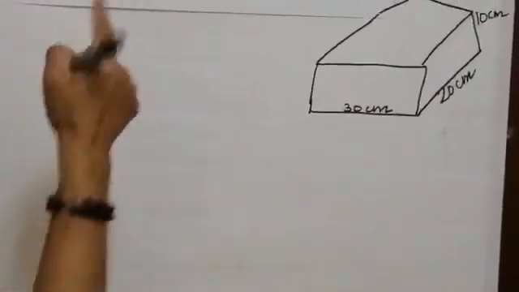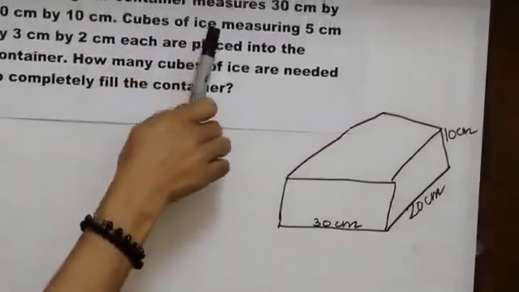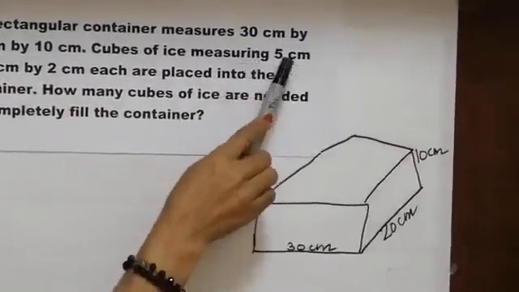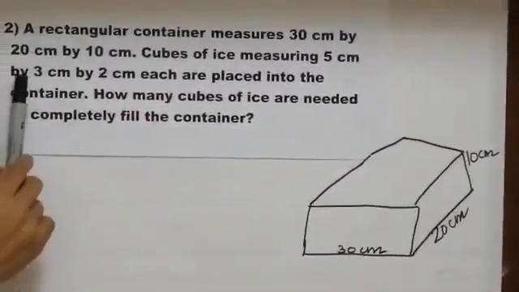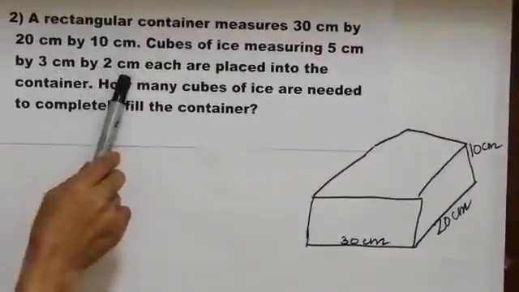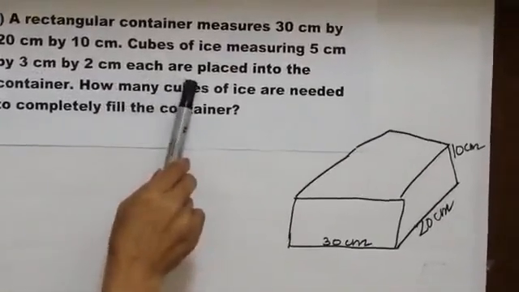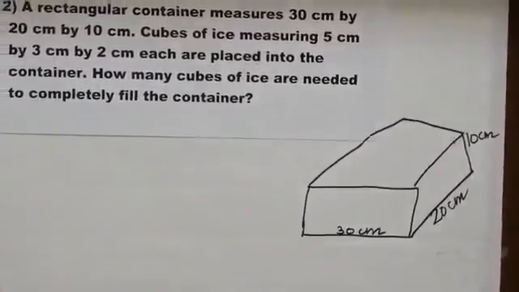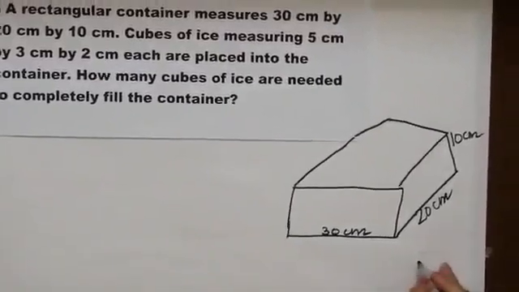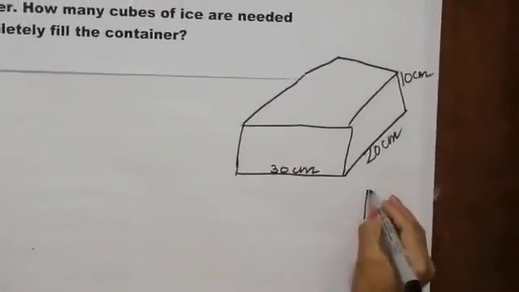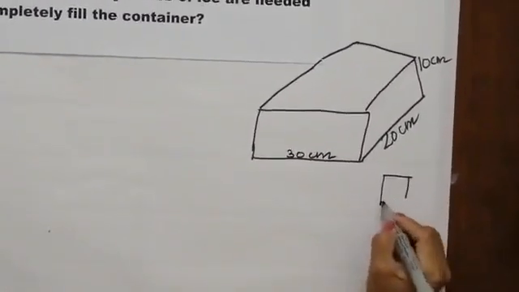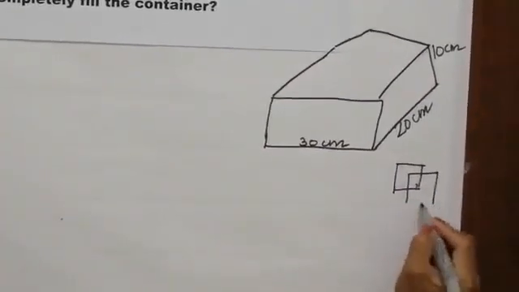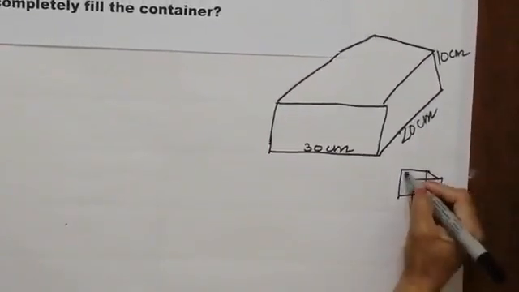Now the next point. Cubes of ice measuring 5 centimeter by 3 centimeter by 2 centimeter each are placed into the container. That means the ice cubes. You know how to draw the ice cube? Like this is an ice cube.